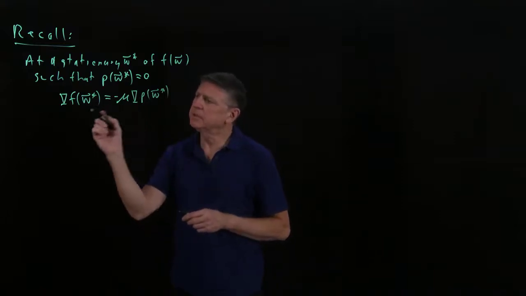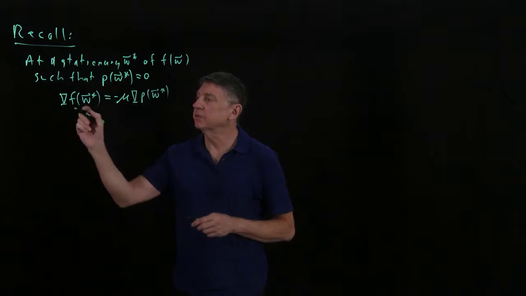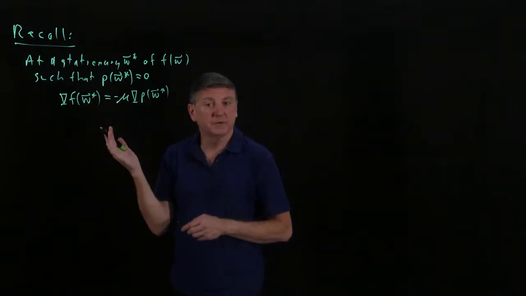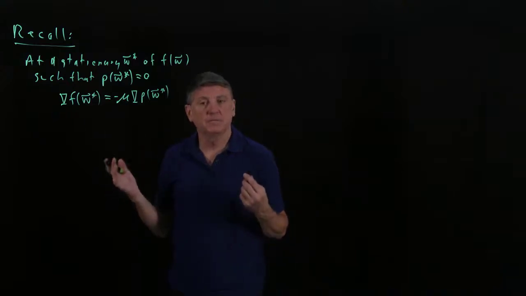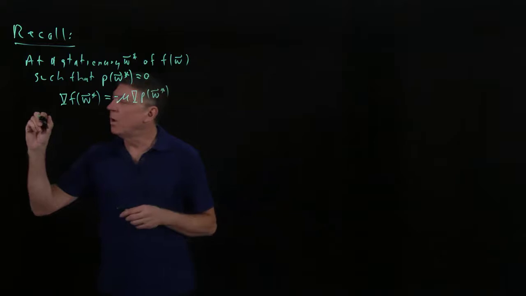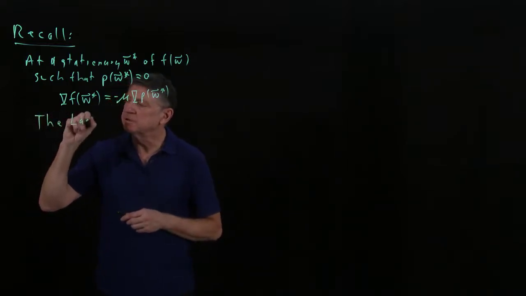If we look at this, what we see is a partial differential equation. These are partial derivatives and they're equal to a multiple of some different partial derivatives. Now an infinite number of functions will satisfy this condition. One that satisfies it is the Lagrange function.